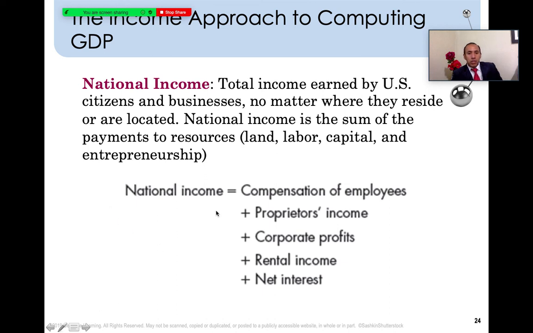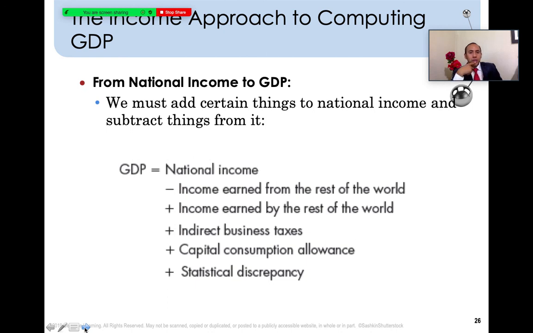So the national income equation, this is not yet GDP. This is part of GDP. So GDP equals national income, which is all of this: compensation plus proprietor's income, corporate profits, rental income, net interest, and then we have another part, which is the statistical discrepancy. We have to adjust for a statistical discrepancy. National income continued.